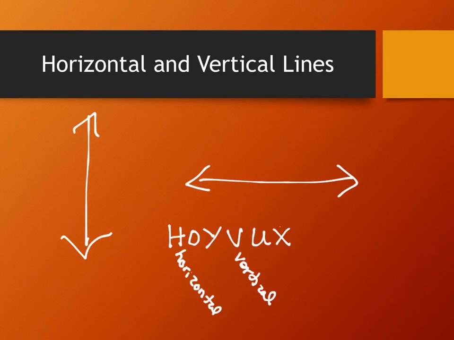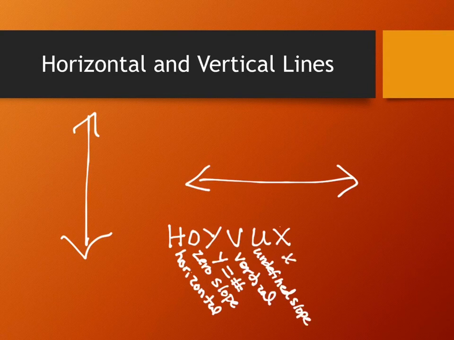So H stands for horizontal. The O is actually the number 0. It stands for the word zero. Zero slope. So horizontal lines have 0 slope, and they have equations y equals a number. Vertical lines have undefined, which is not 0, it's undefined slope.